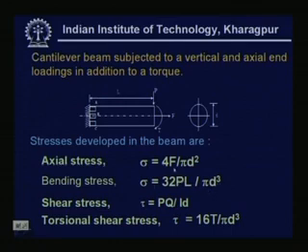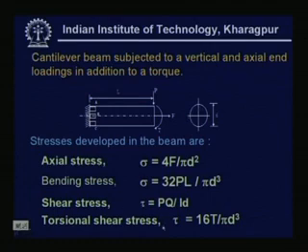Similarly, the shear stress we know is VQ by Ib. In this case, we will have the maximum shear stress at the diametrical location here. V is the P load, so the shear force V will be P. Q is the first moment of area about the neutral axis, divided by the moment of inertia about the neutral axis, and d is the diameter of the shaft.